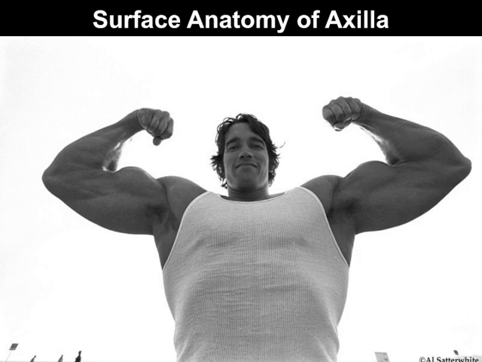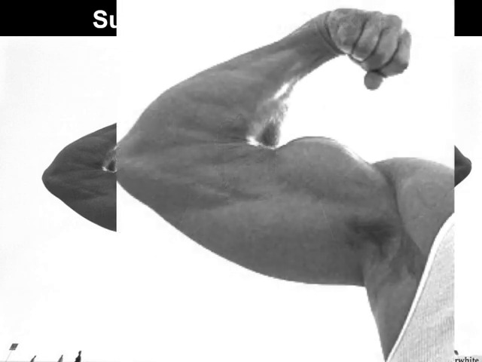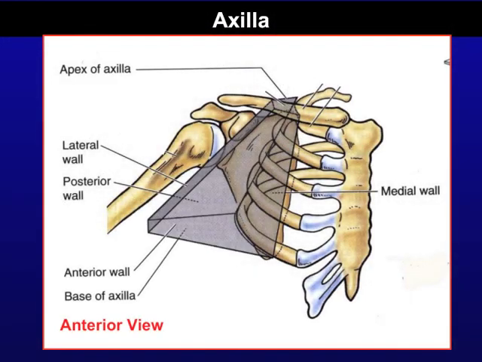Here we see an individual apparently quite proud of his axillary region. The term axilla in Latin stands for the armpit, and that is the region that we're about to describe in this person. In an anterior view of the axillary region, the axilla is demonstrated to be a pyramidal-shaped structure that extends from the skin of the axilla to just behind the clavicle.